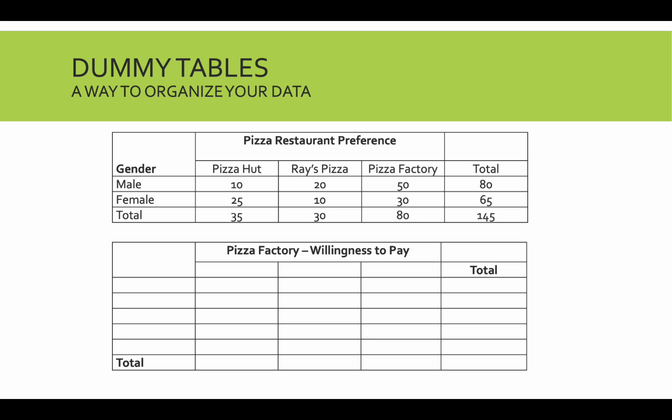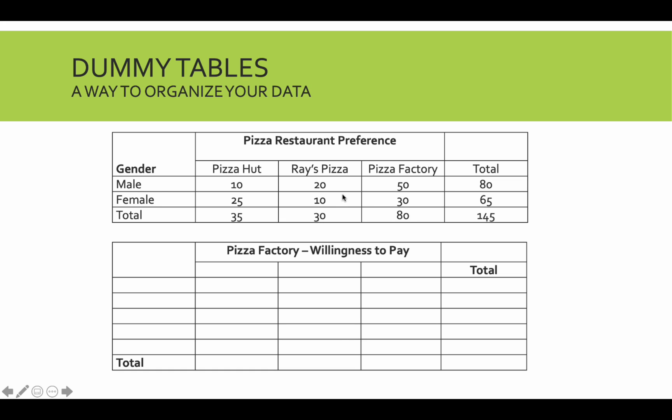So I'm going to note here, we did this in another lecture. One of the ways to really understand your variables is to create what we call a dummy table. Now, a dummy table includes your dependent variable and your independent variables. So, which pizza brand do you prefer?